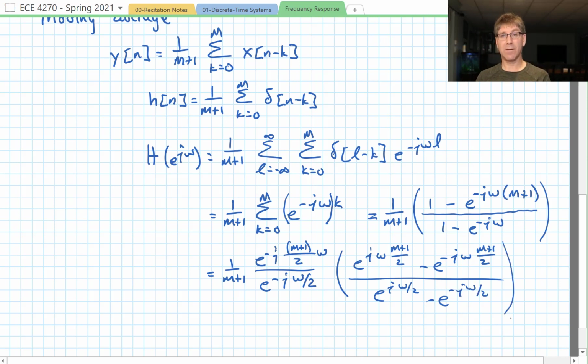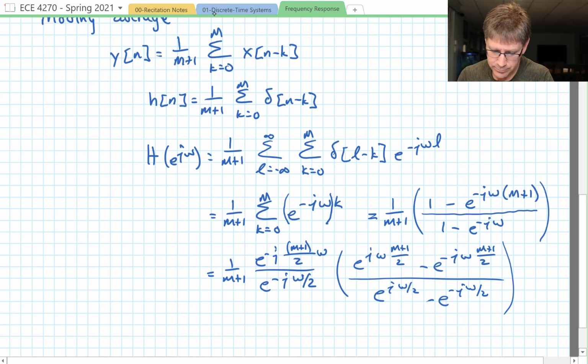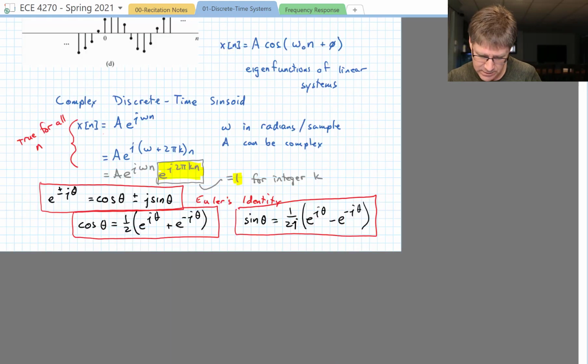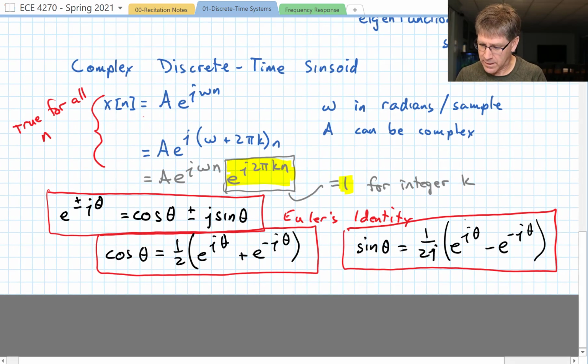When we have the difference of complex exponentials with opposite signs in the exponent, we can resolve that using the formula that we've seen previously, Euler's identity, and we have a sine function here.